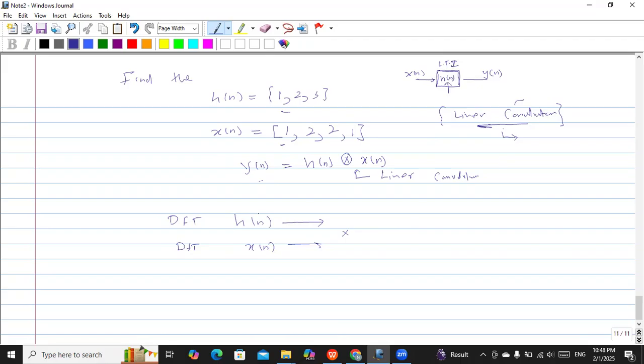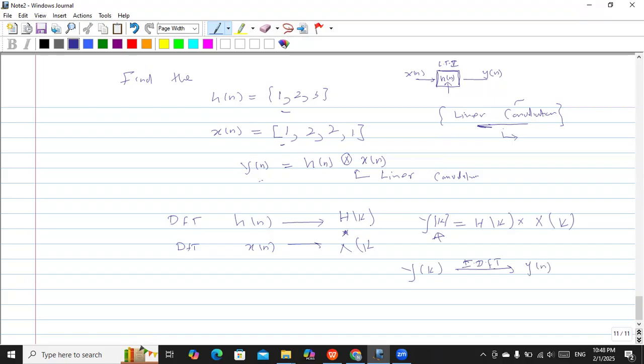If you multiply them, you have Hk times Xk, which is the DFT of yn, that is Yk. Then by applying the IDFT, the inverse discrete Fourier transform, to Yk you can find yn.